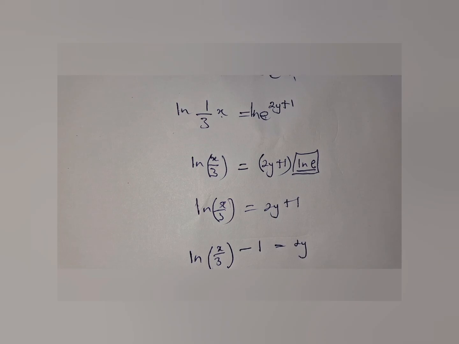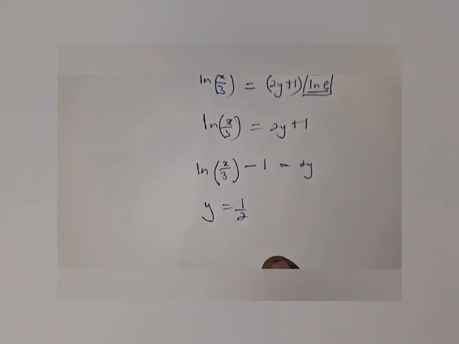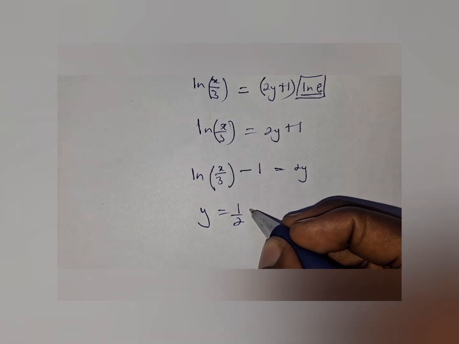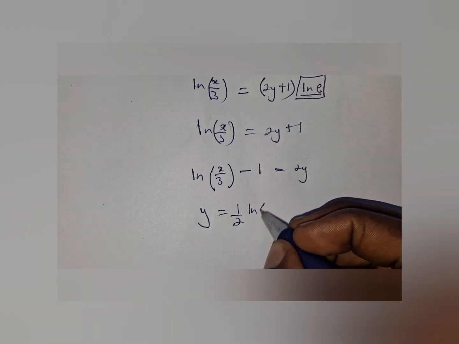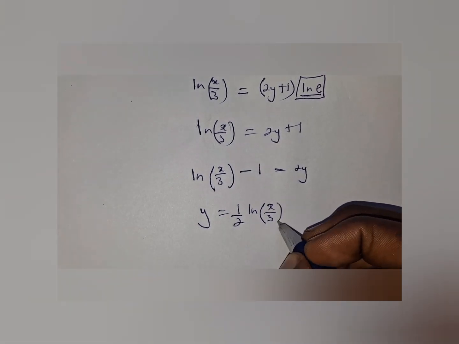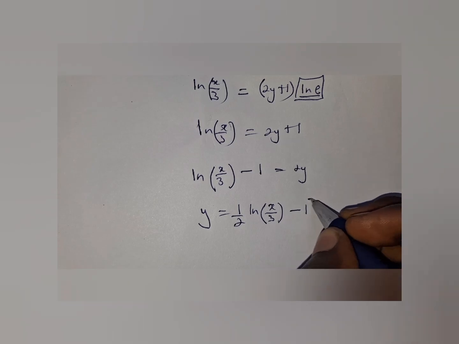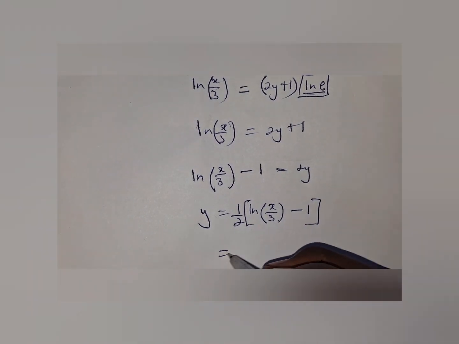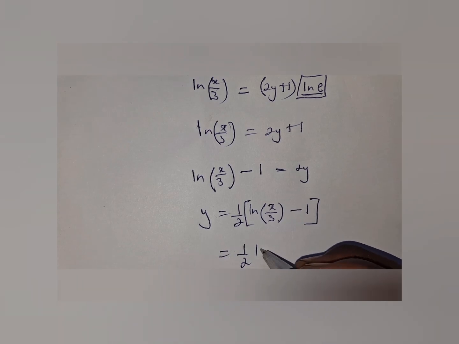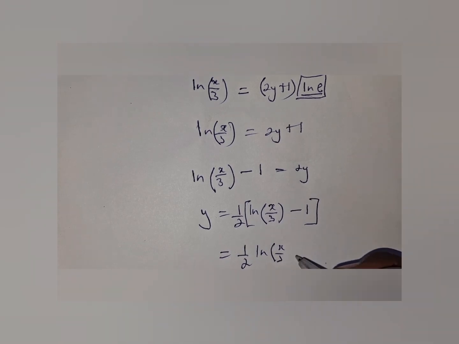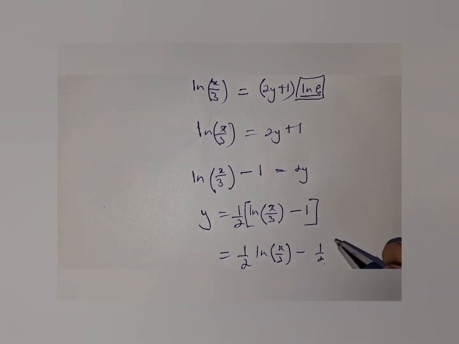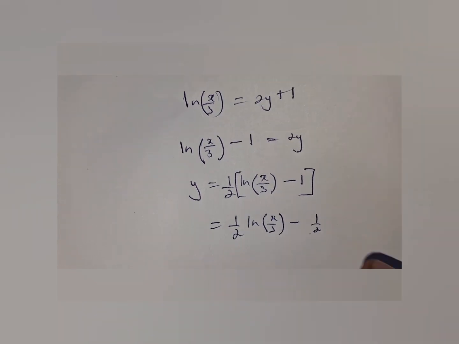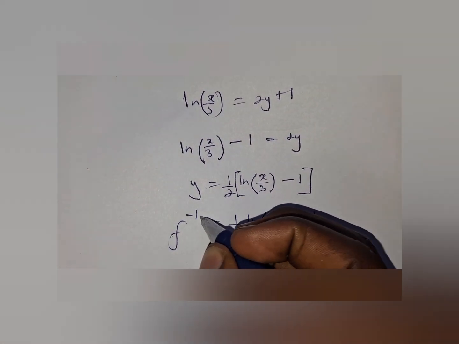And what is our y? y is going to be equal to half. Half what? Half the natural logarithm of x over 3 minus 1, which is the same as half natural logarithm of x over 3 minus half if we expand whatever we have. So this is going to be the inverse.